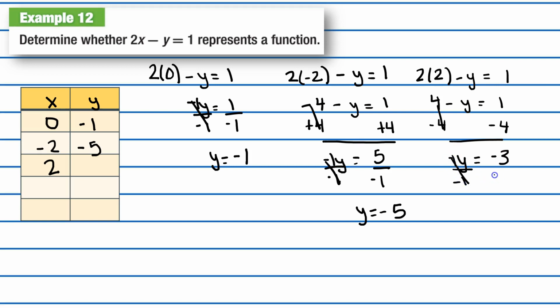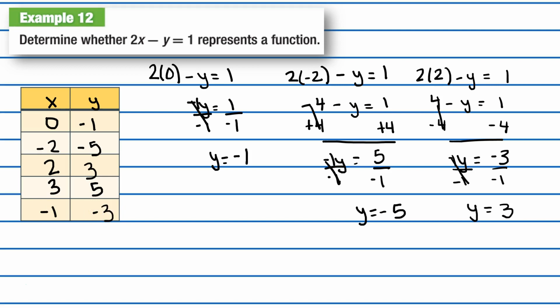There's a negative 1 here we can divide. y is equal to 3. Alright, and I'm just going to go ahead and put another 2 that I've already solved out. And it would be 3 and 5 and negative 1 and negative 3.